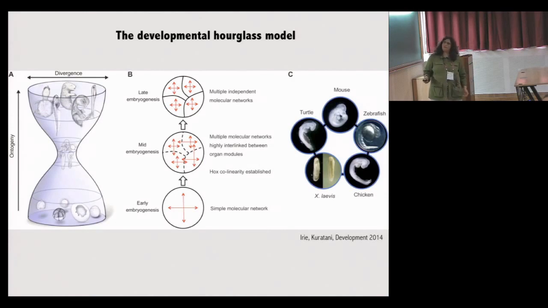Whereas if you focus on the middle stages here, which is kind of like what I showed you in the previous picture, you could see that there are shared features regardless of what kind of animal you're looking at, right?